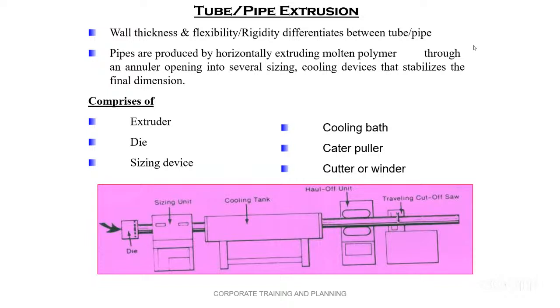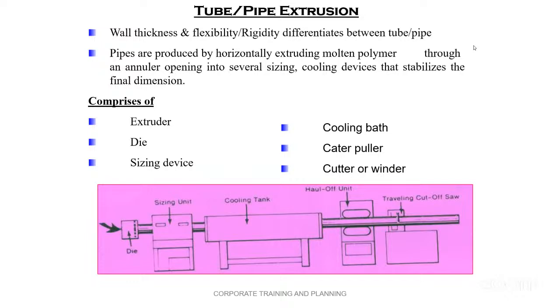When the internal diameter is below 12 mm, it is called tubing. Therefore, this is the major difference between tubing and a pipe. Above 12 mm it is called a pipe, and below that it is called tubing or a hose pipe.